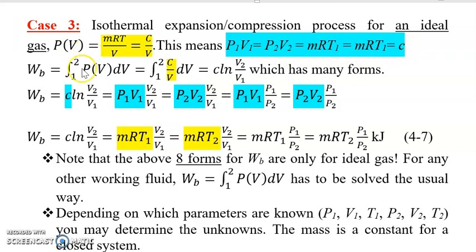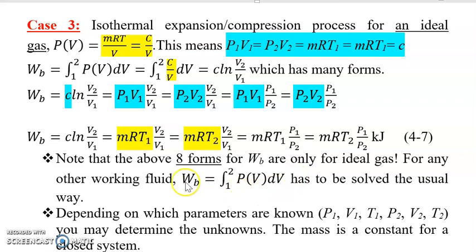Now, if you substitute C over V and solve that, you get a logarithm, and you have actually 8 forms of the solution for the boundary work. But these 8 forms are only for ideal gas.